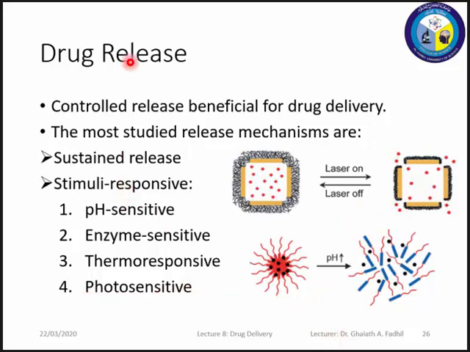There are many experiments on these release mechanisms, and you can look at the references at the end for more data. I don't want my students to go into details in these release mechanisms. I just want them to know there are mechanisms, and these are the most studied ones.